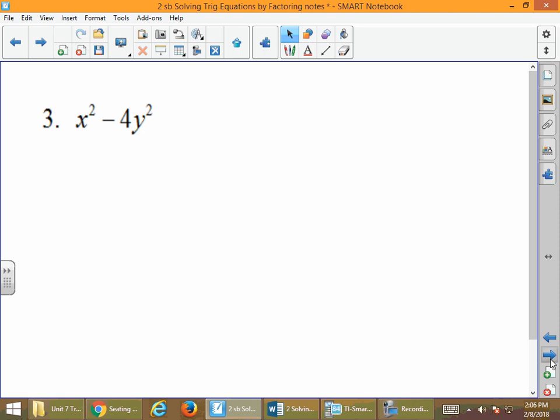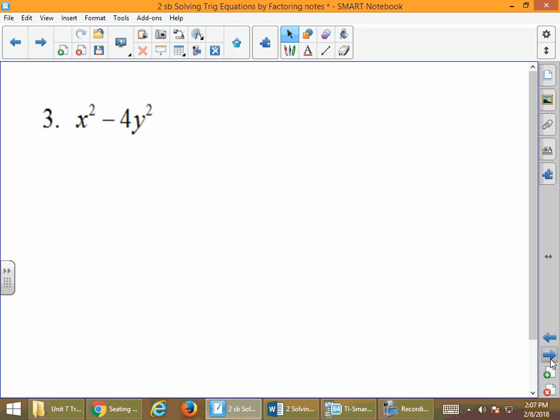When we look at problem number 3 here, we ask ourselves, do we have a greatest common factor? And we do not. And then another thing that we can notice is that there's an x squared, that's one term, a 4y squared, that's another term, and there's a minus in between those two.